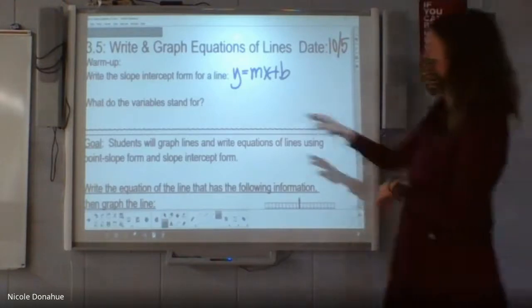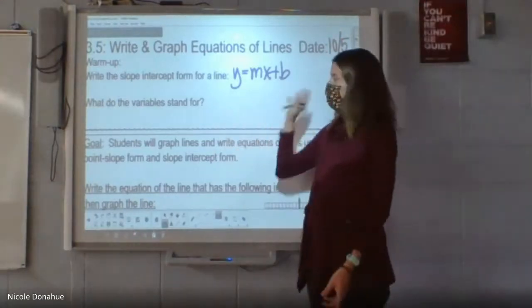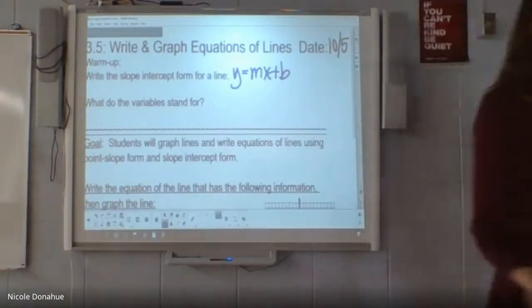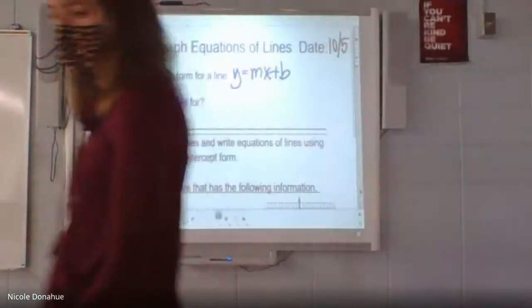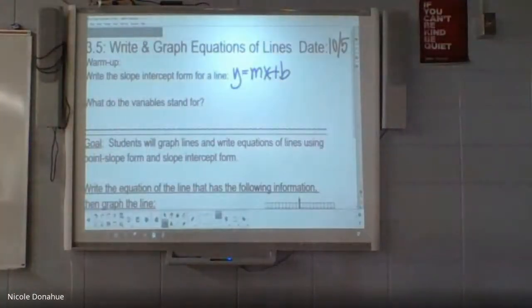So what do the different variables stand for? What do all these different letters even mean? Hopefully one of them you know for sure from this chapter. The y, the m, the x, the b. Anyone remember what the different letters stand for? One of them you should know. We've just been talking about the last couple sections.